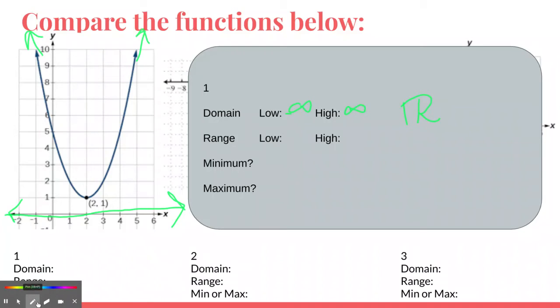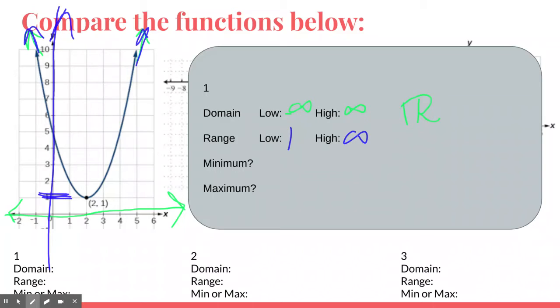Now, if we're looking at our y values, they are going to be a little bit different. The lowest y value that we have is right here at 1. And my highest, because of these arrows again, it's always going to go up, up, up. So my highest is actually going to be all real numbers.